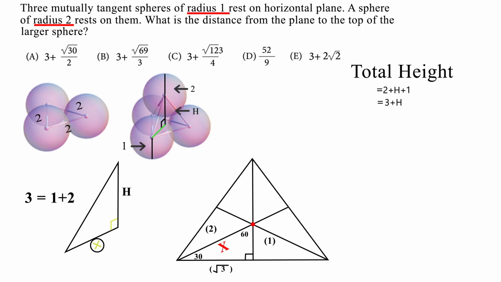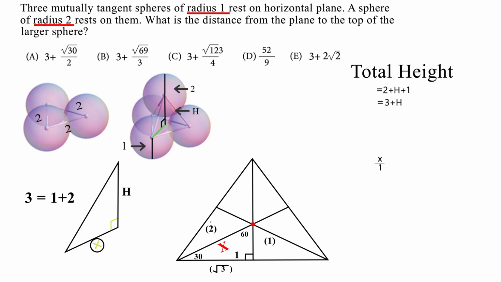Now, do we know the length of any of these sides? We do, because the equilateral triangle, remember, has a side length of 2. So from here to here, right here, that's half of the side, correct? So that will basically be 1. So there we go. We have now enough to figure out x.